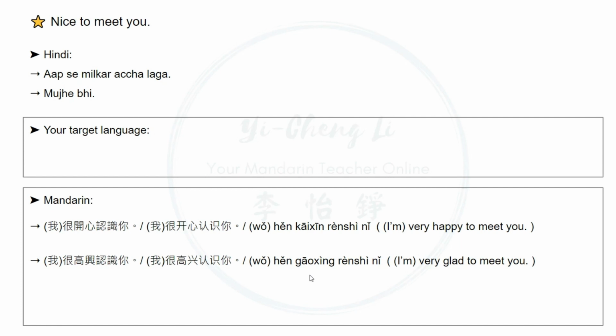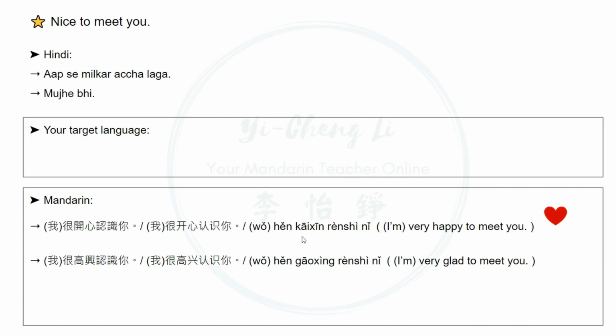Both of these sentences are correct, but the reason I would recommend using the first one, 开心, is because comparing 开心 and 高兴, these two phrases both stand for happy, glad, delightful. 开心 is much more used in other sentences, while 高兴 relatively is not used as often in a colloquial way in other sentences to show, oh, I'm happy. 开心 is used much more.